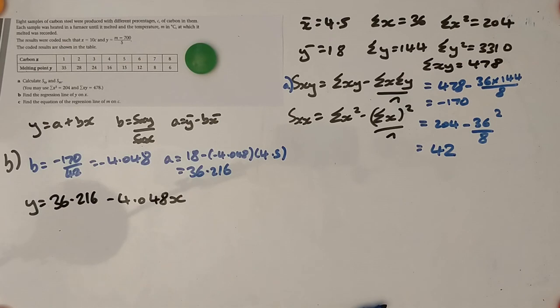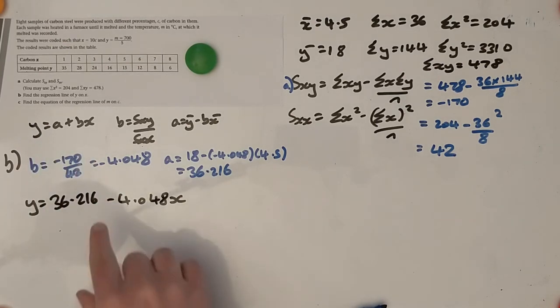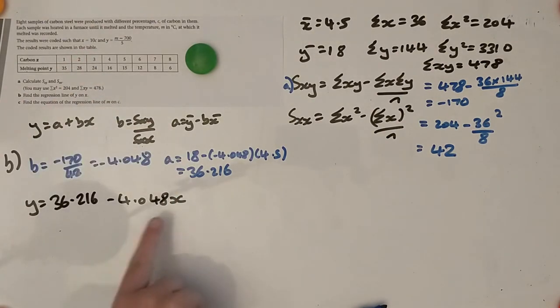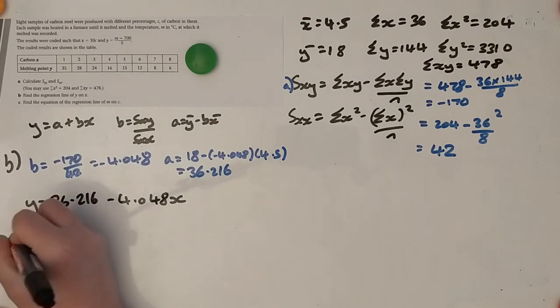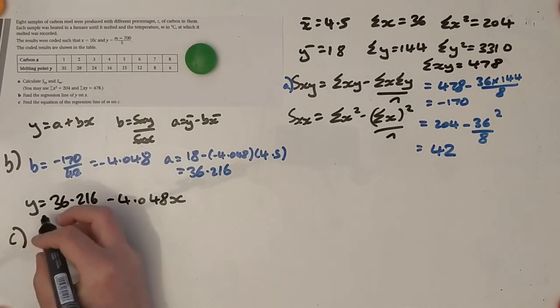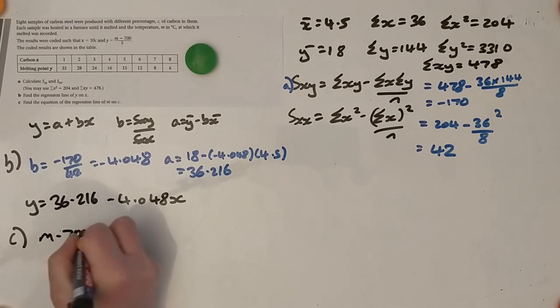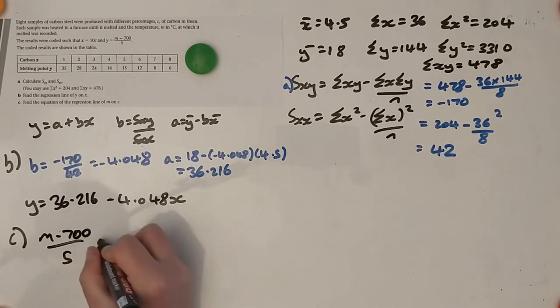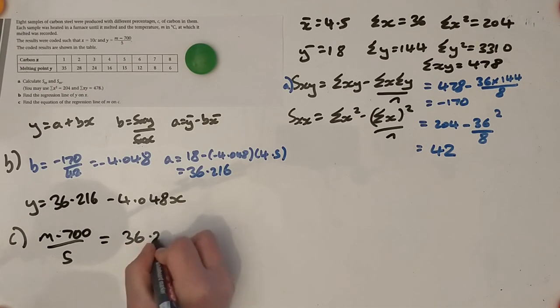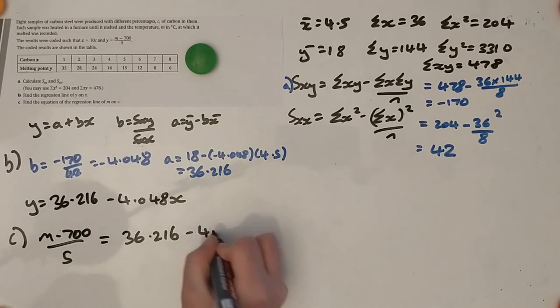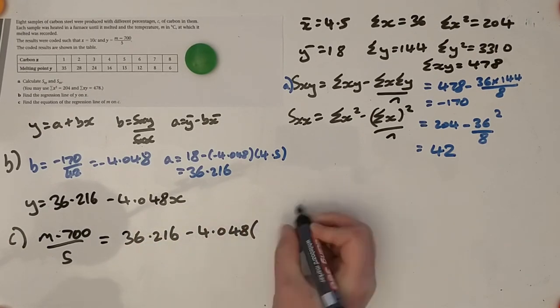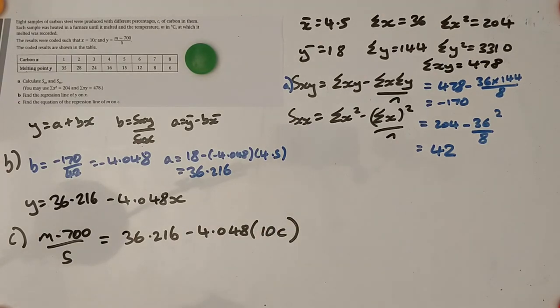And then part C is the coding part. So find the equation of the regression line of M on C. So here I'm just replacing the values of X with 10C, replacing the value of Y with (M minus 700) over 5. So Y is equal to (M minus 700) over 5 equals 36.216 minus 4.048 times by 10C.